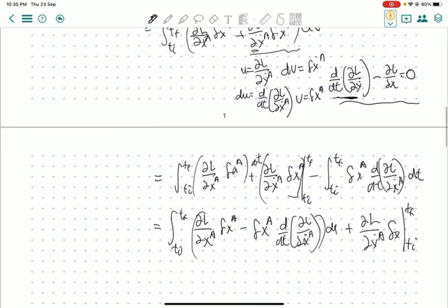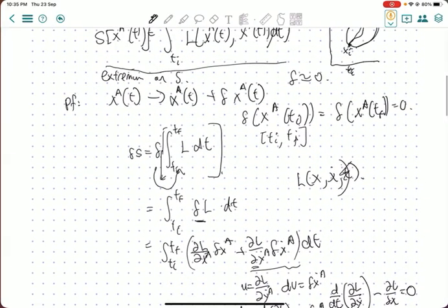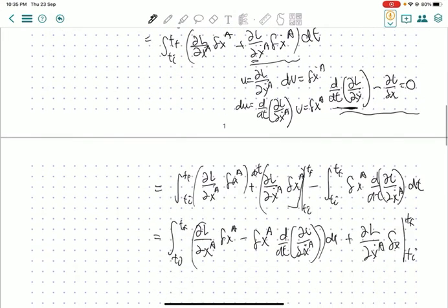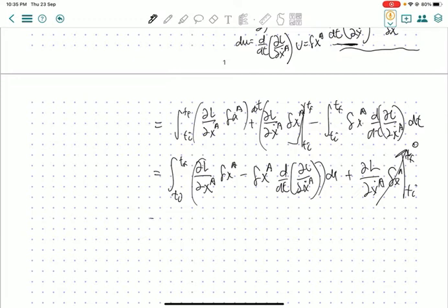Now initially, in our initial condition we said that the endpoints should not change and should be 0. So essentially we're evaluating two points of 0. So this actually turns to 0. If you substitute in delta Tf, delta Ti, that's going to be 0. So this term turns to 0 because the endpoints don't change. And then you're left with this integral.